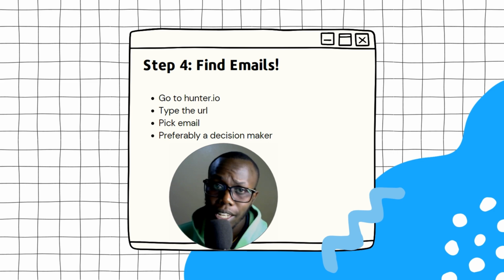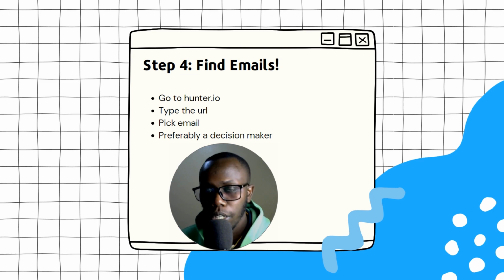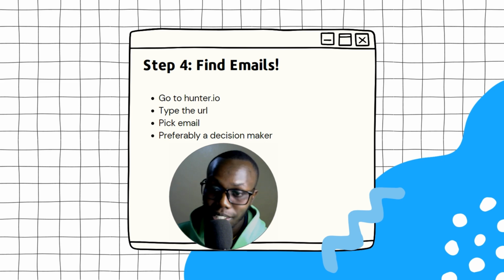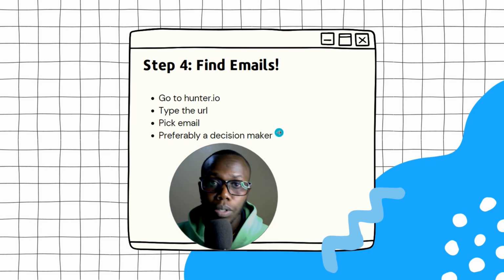If you can't find anyone else there, maybe pick the CEO. And it would be really good if you find one with a name like Kevin at mydomain.co.ke or mydomain.com, because it makes it easier to personalize that email.